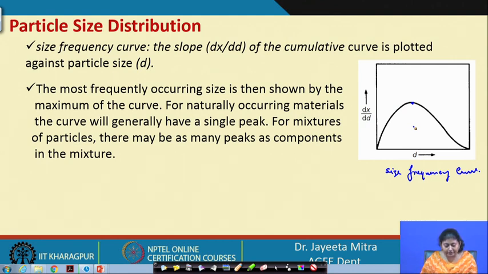For naturally occurring material, the curve will generally have a single peak, and for a mixture of particles there may be as many peaks as components in the mixture. When there are different mixtures and different compositions, they have different size fractions. So, it may happen that in one lot one particular size dominates, and we may get more than one peak in the size frequency distribution curve.